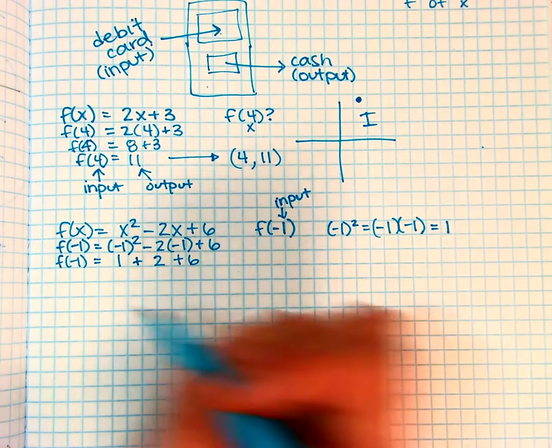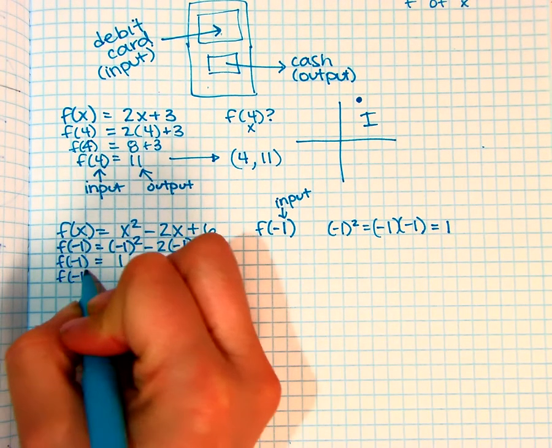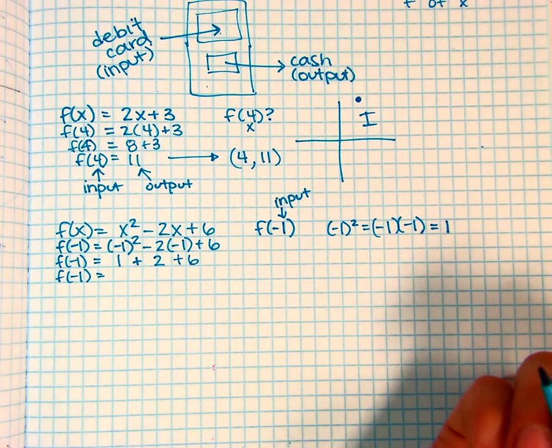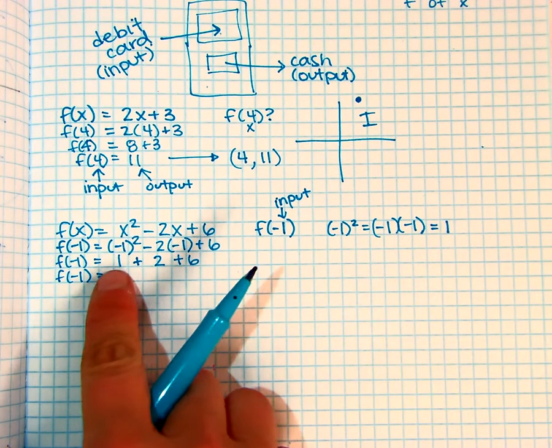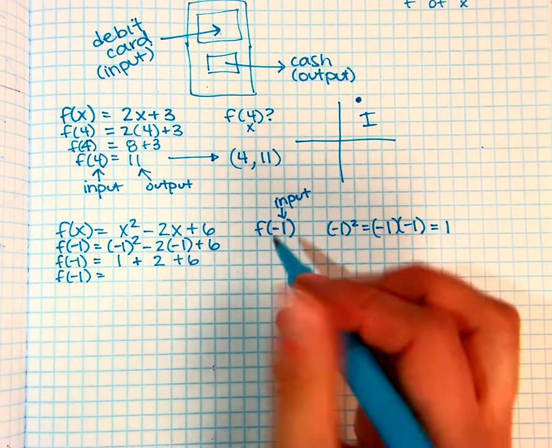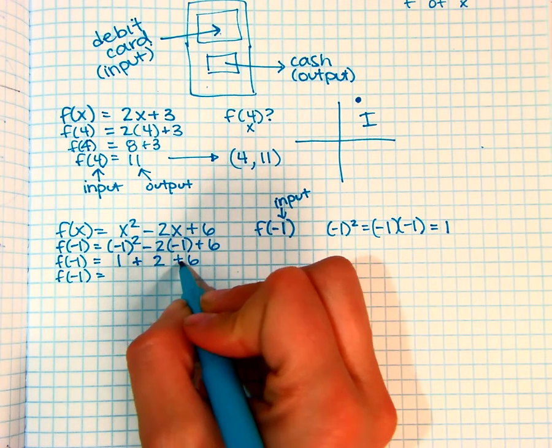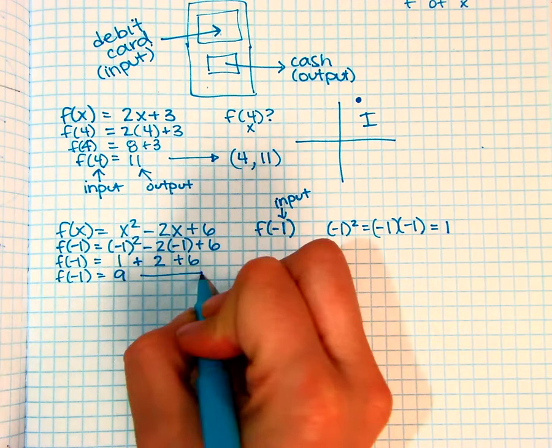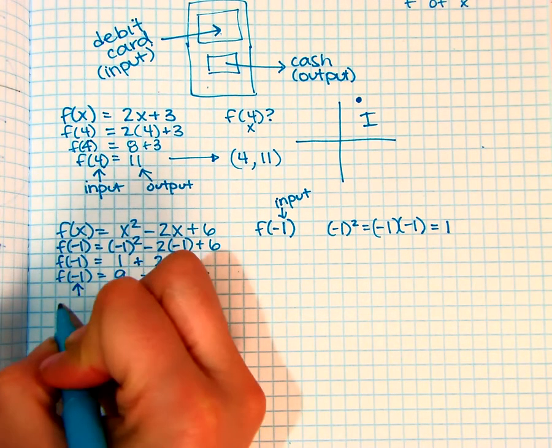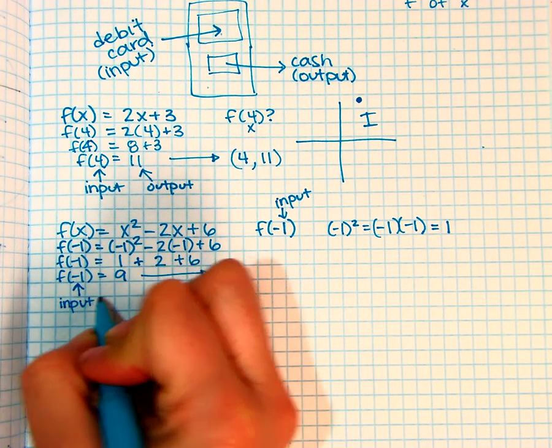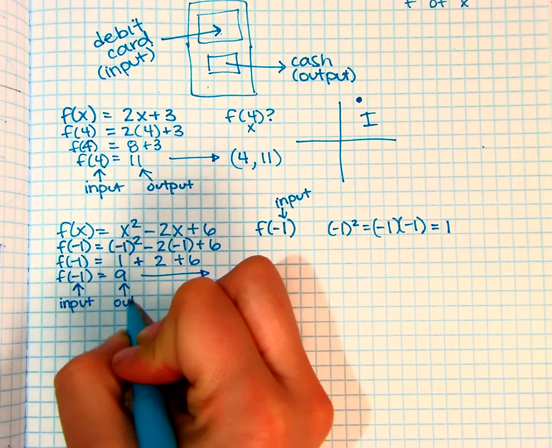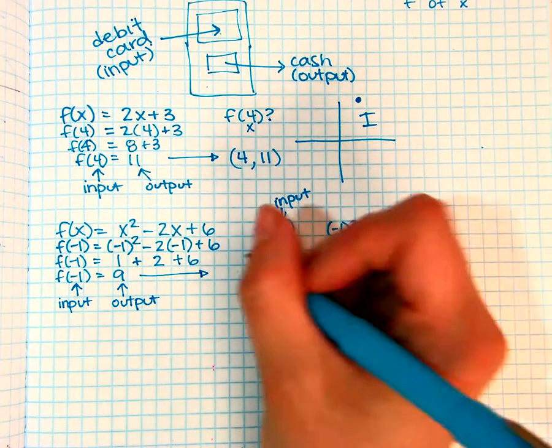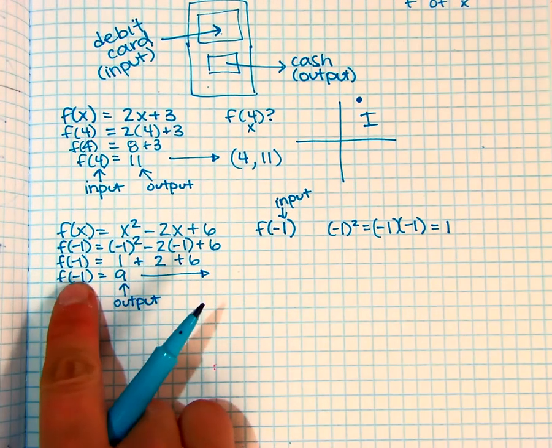My next step is just going to be to move left to right because I have all addition or subtraction. 1 plus 2 is 3. 3 plus 6 is 9. Again, my input is negative 1. My output is 9. So f of negative 1 is 9.